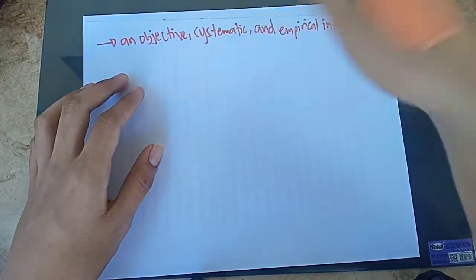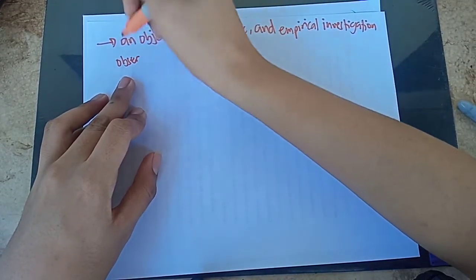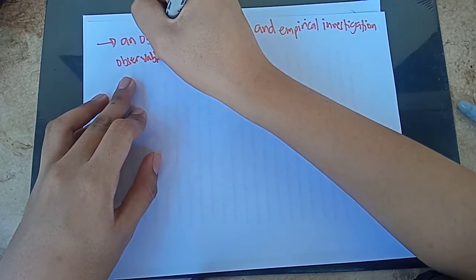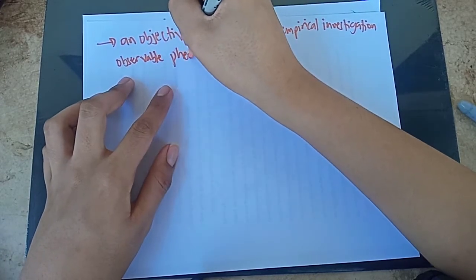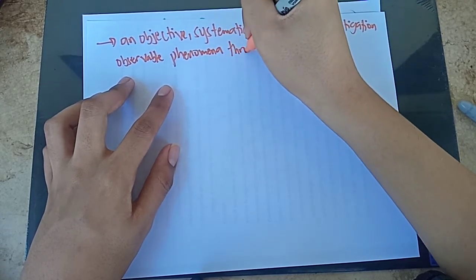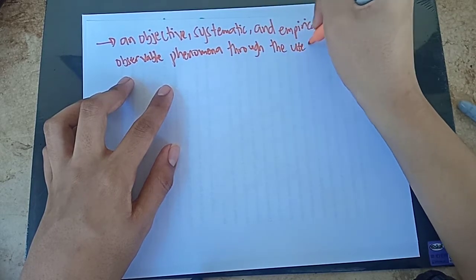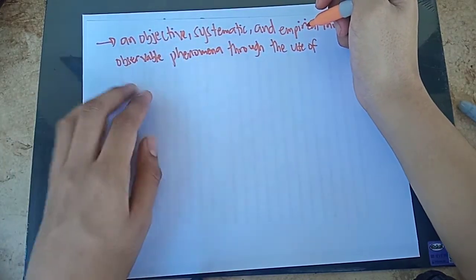Investigation of what? Investigation of observable phenomena through the use of, so how do we observe these observable phenomena?